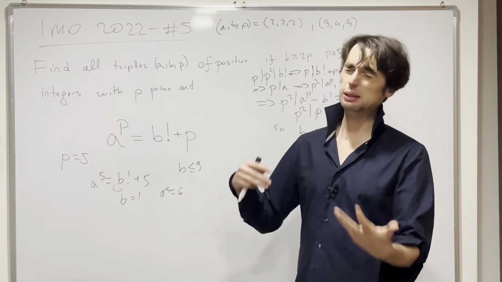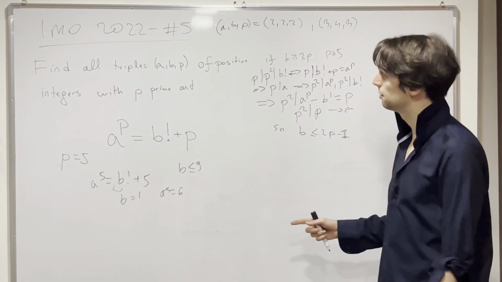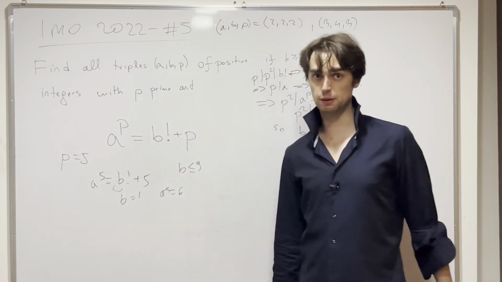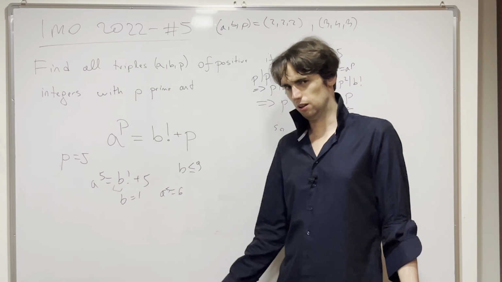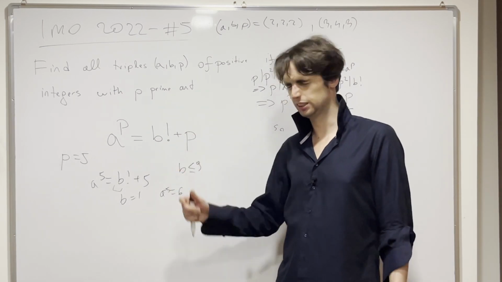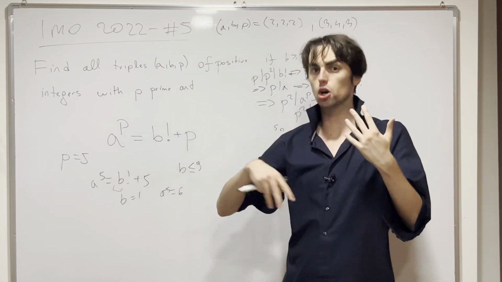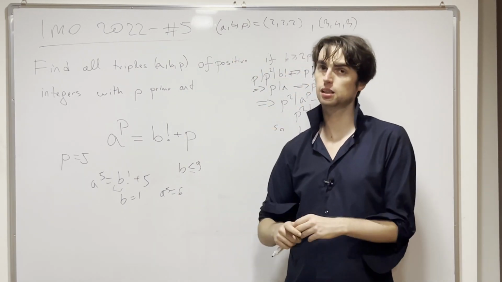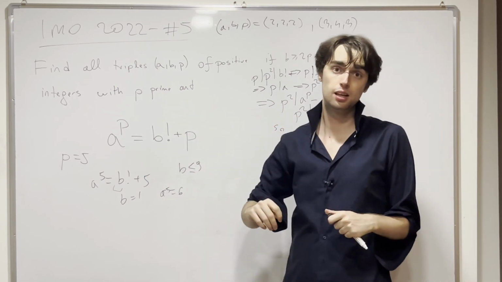Is the argument 'it's small' generalizable? For example, if here I have b equal to p minus 1 factorial, do I really have an argument for large primes that this sum is small? Is that really the argument I'll be making? Nah, it's big enough.